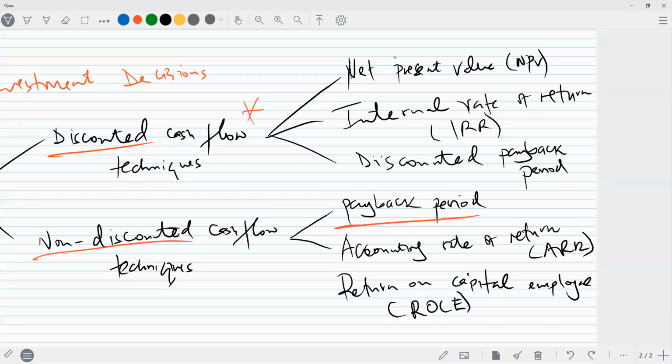How long do you take to get that back? So it's the length of time that it will take for you as a company to get money equivalent to the amount you spent on that particular project. How long do you take to get back what you did invest in the project? That we refer to as the payback period.